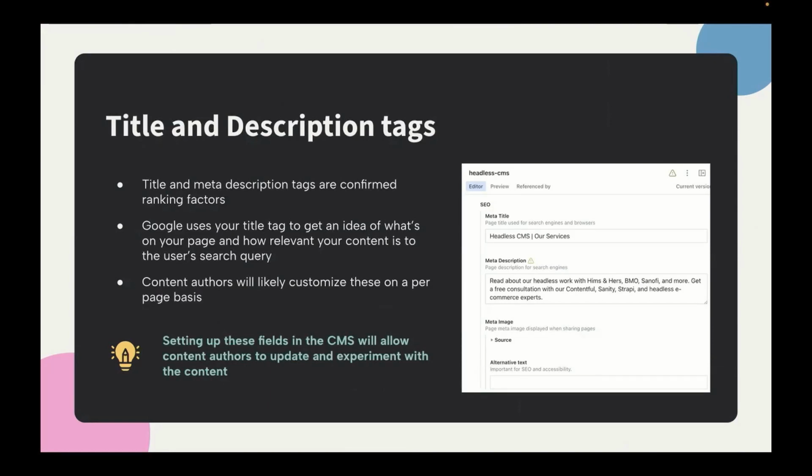Oftentimes you'll find that they like to experiment and make changes to them. On the right here is an example of what we set up in the Sanity CMS as input fields for authors. So per page, they're able to update both the meta title and the meta description.